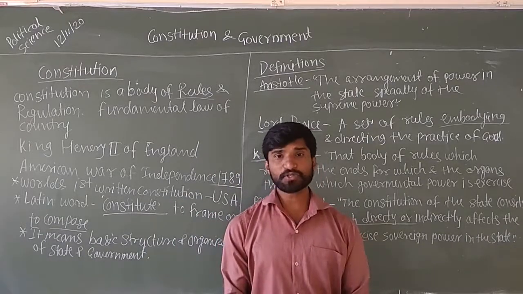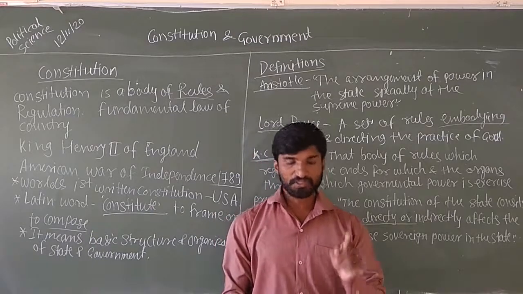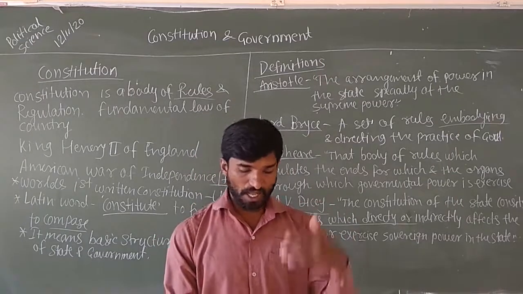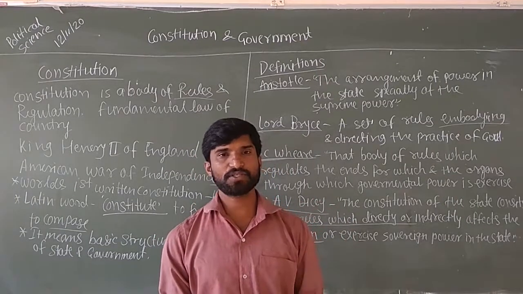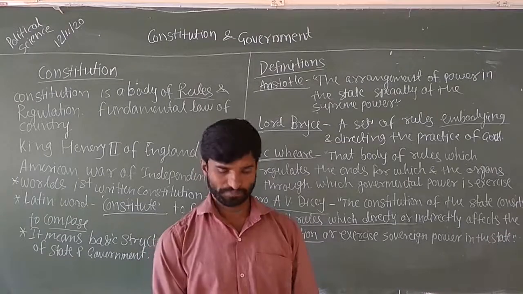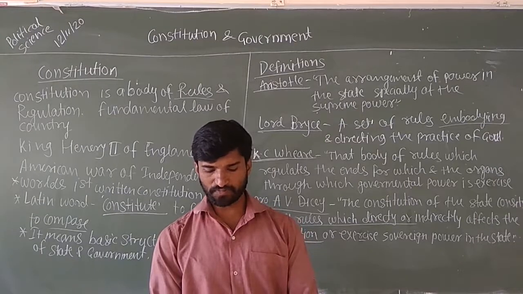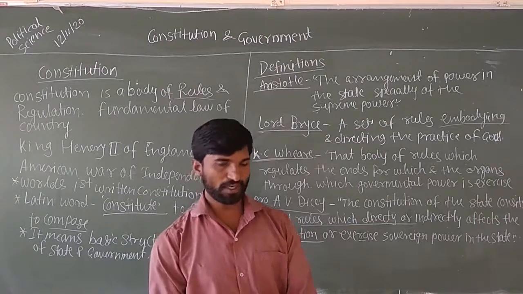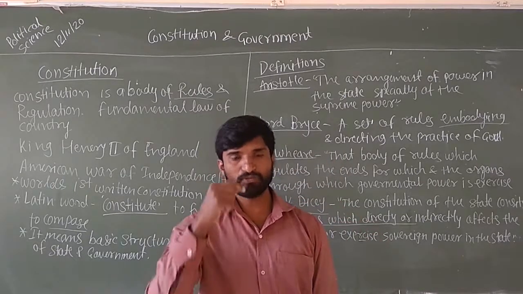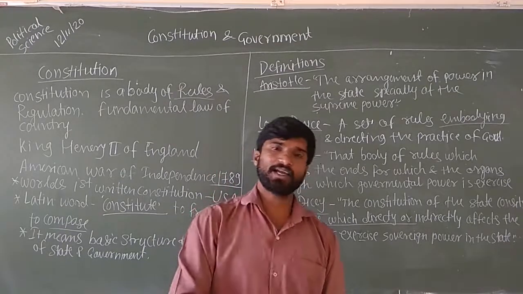What he told: a constitution is the collection of principles according to which the powers of government and the rights of the governed and the relationship between the two are adjusted. The powers of government and the rights of the governed, whatever the relationship between government and people, depends on that.